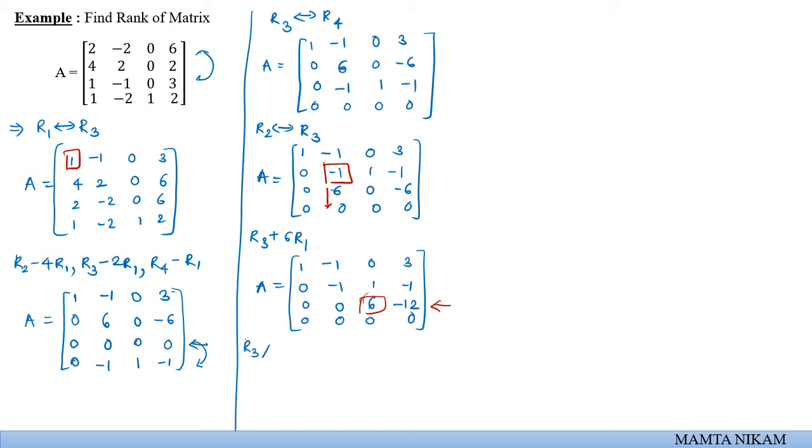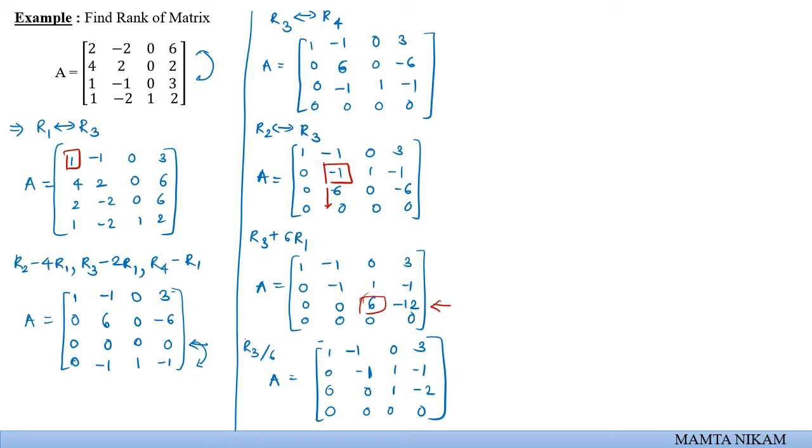So if you divide R3 by 6, the matrix will turn out to be 1 minus 1 0 3, 0 minus 1 1 minus 1, 0 0 1 minus 2, 0 0 0 0.